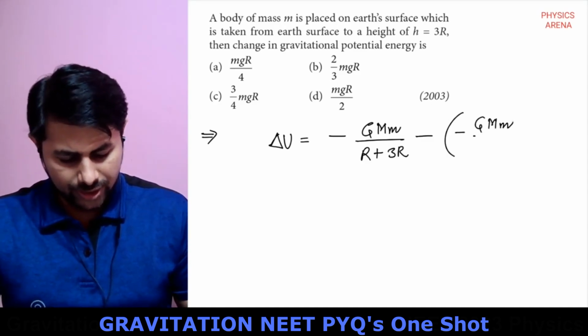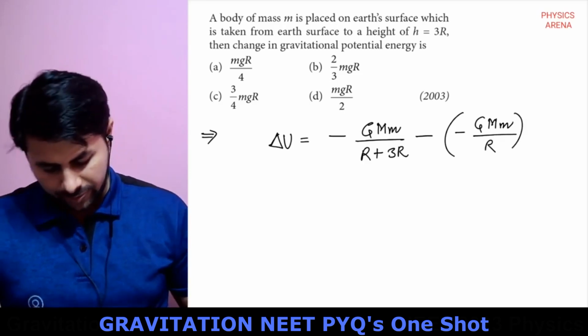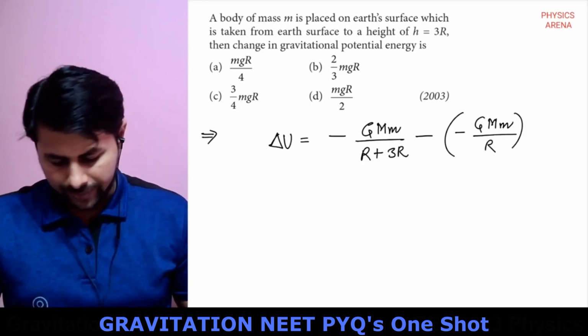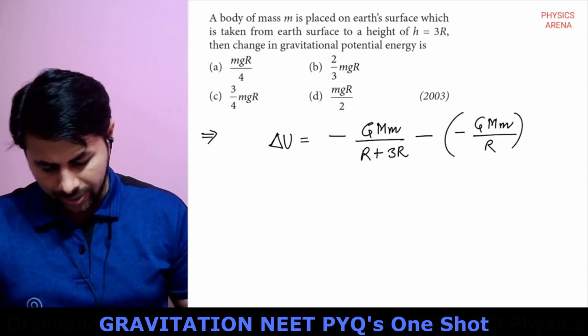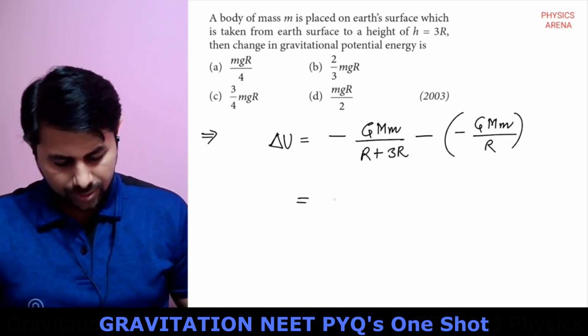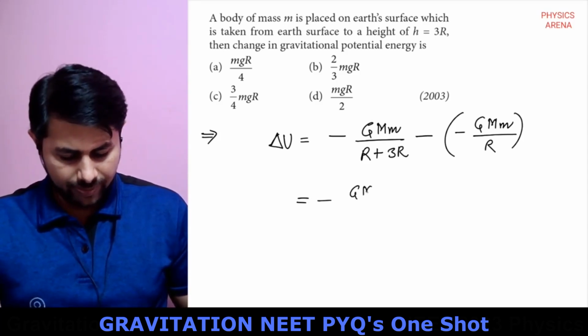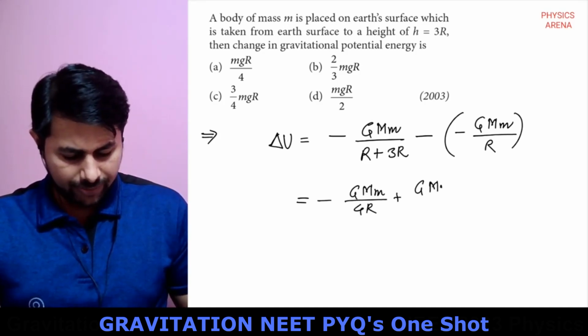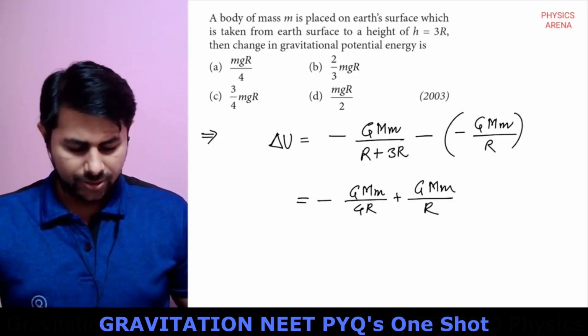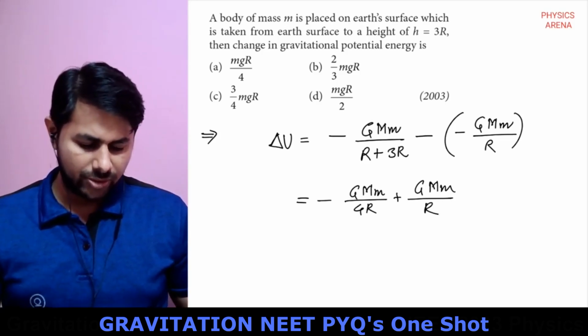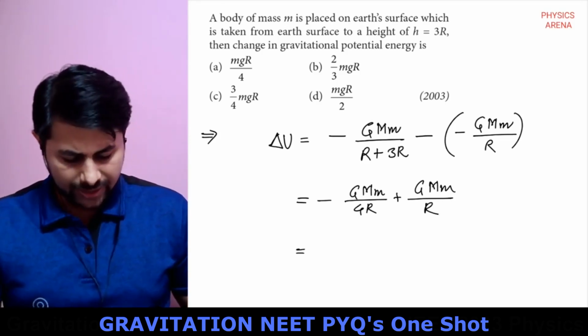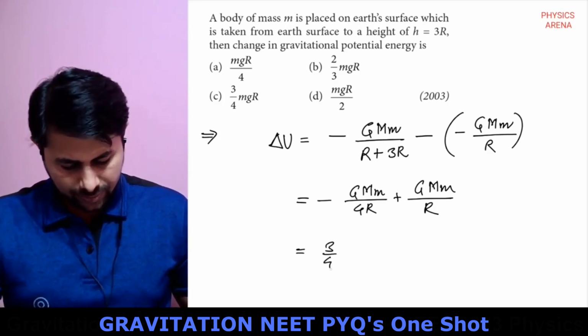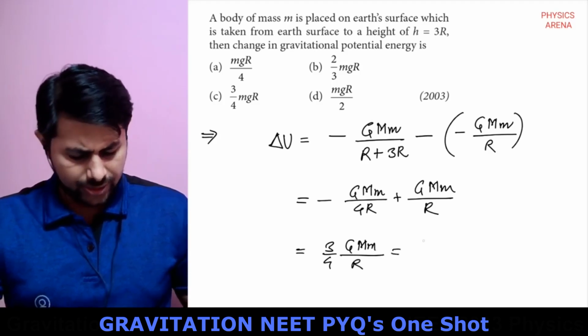This question is repeated many times, just the values are changed. So it is equal to minus GMm upon 4R plus GMm divided by R. So it is 3/4 of GMm upon R, or we can say it is 3/4 of mgR.